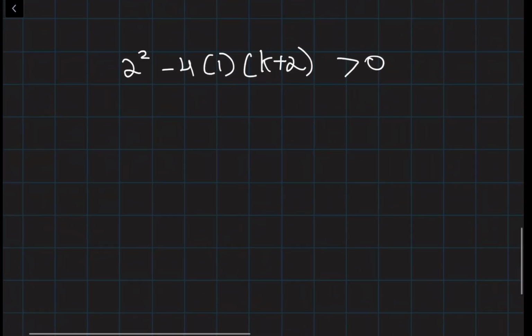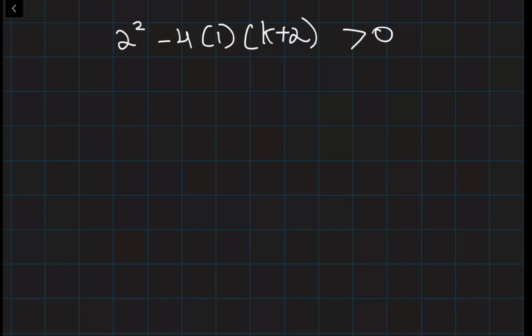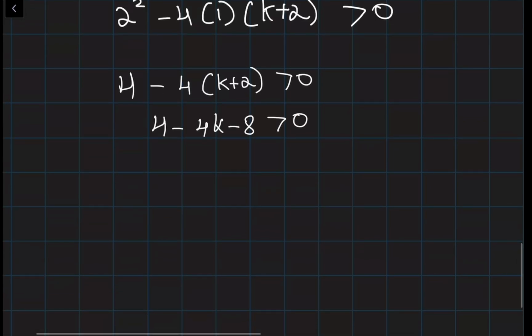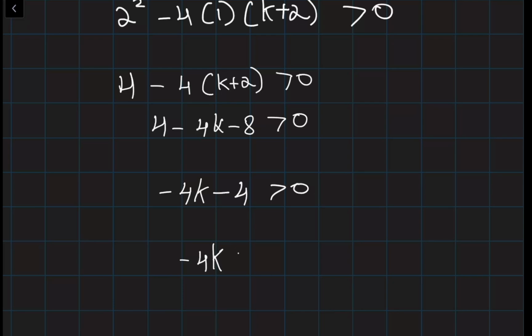Simplifying, 4 minus 4(k plus 2) is more than 0, so 4 minus 4k minus 8 is more than 0, which means minus 4k minus 4 is more than 0. Taking 4 to the other side, minus 4k is more than 4. Now let's divide by minus 4.